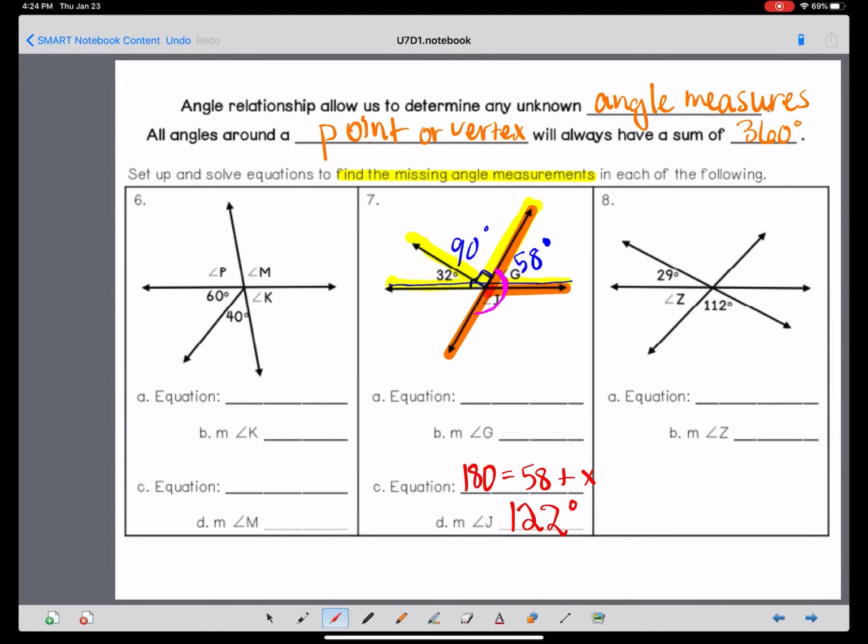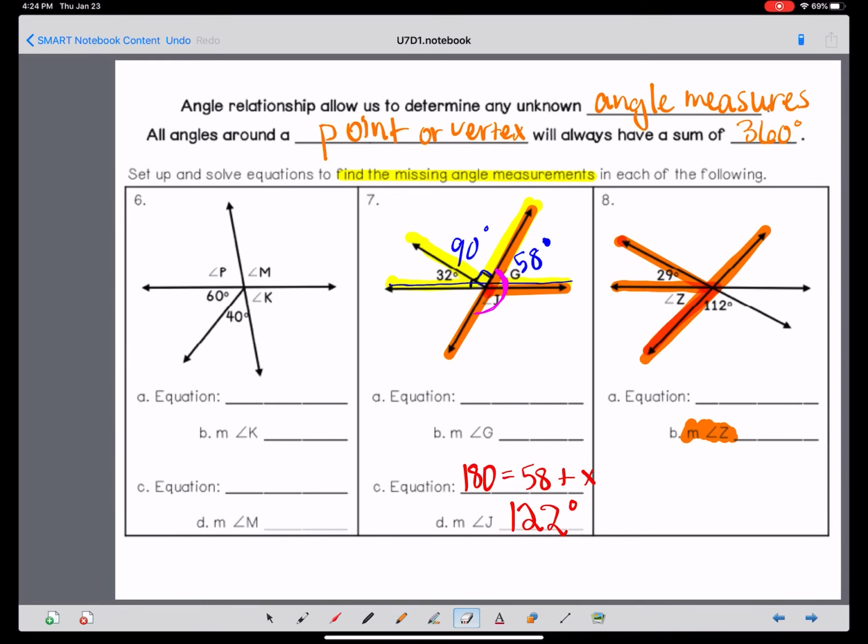Now let's do number 8. We are supposed to solve for the measurement of angle Z, and that is right here. If I continue in a straight line, I know this angle's 29. No, I don't think I can do that one.